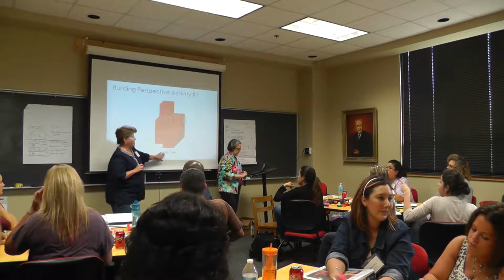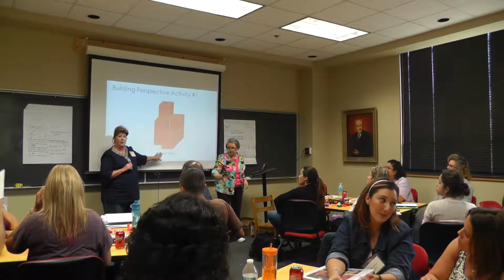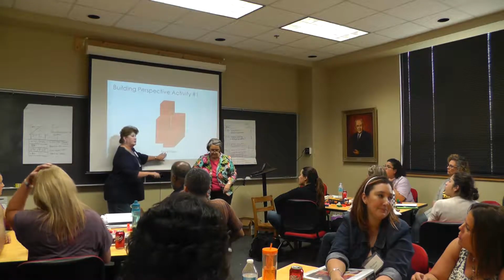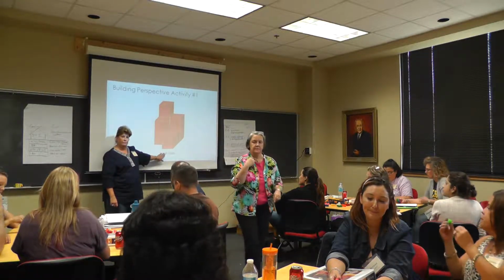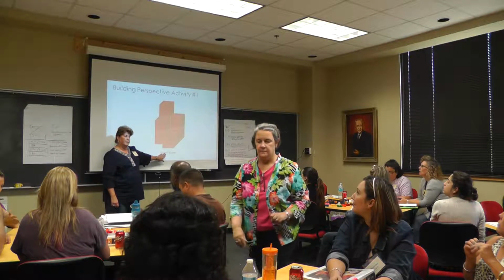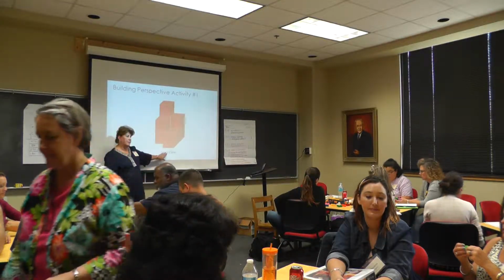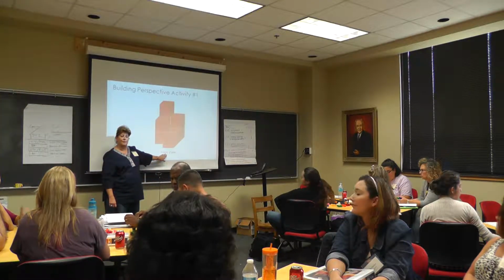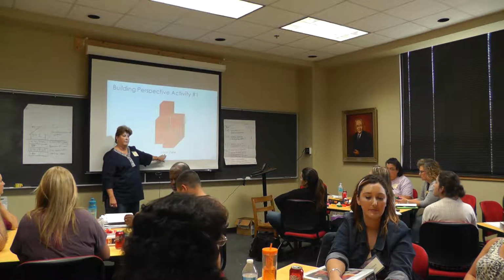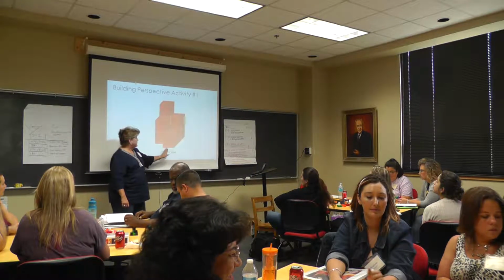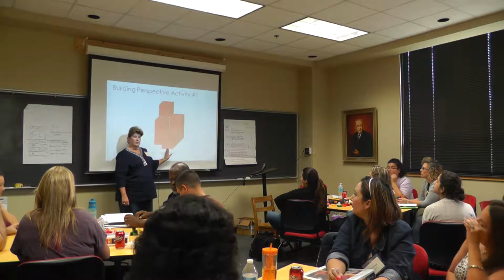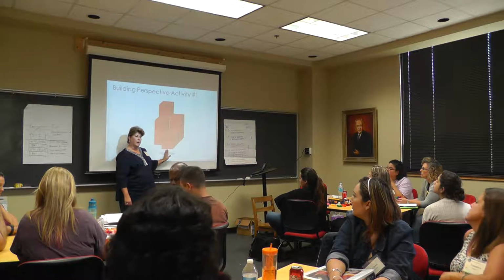Okay, so now here's your perspective. Here's your front view. Manipulate your shape so that you're looking at this as your front view. You have it. So if this is the front view, where would the right view be?